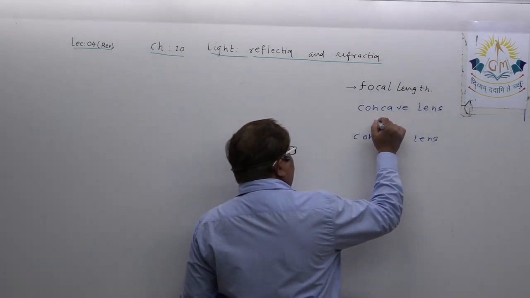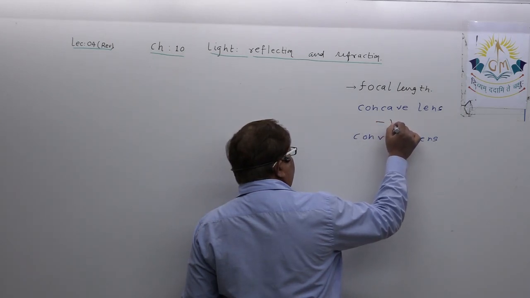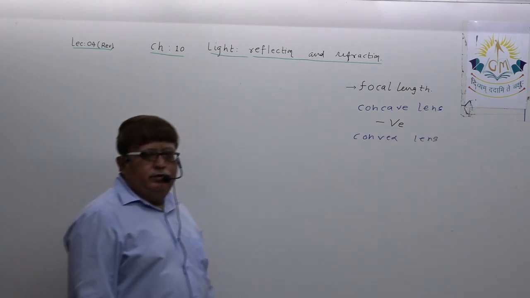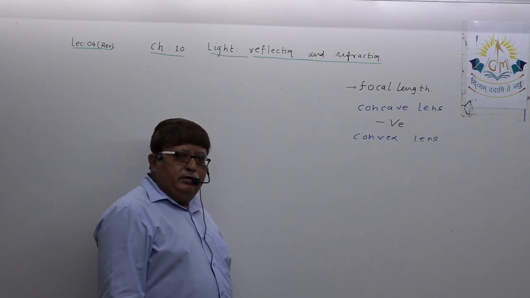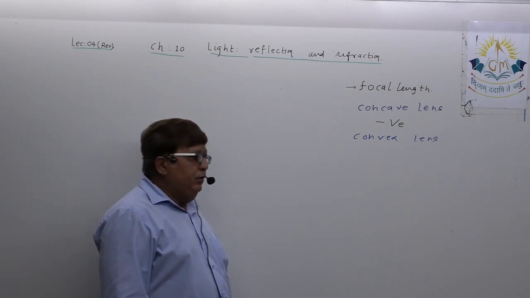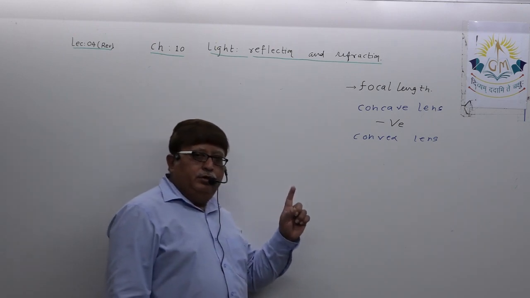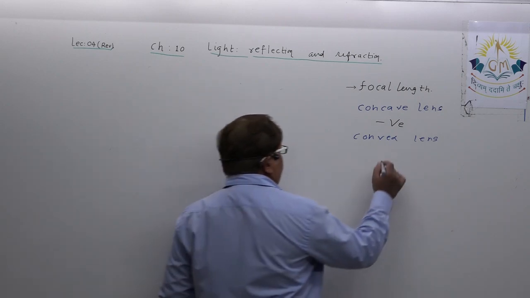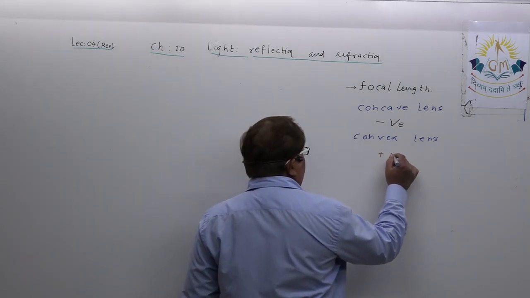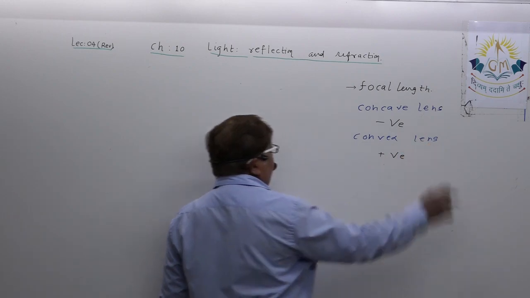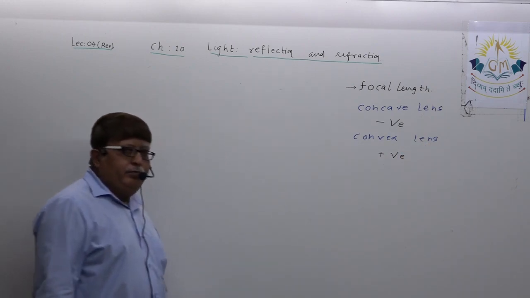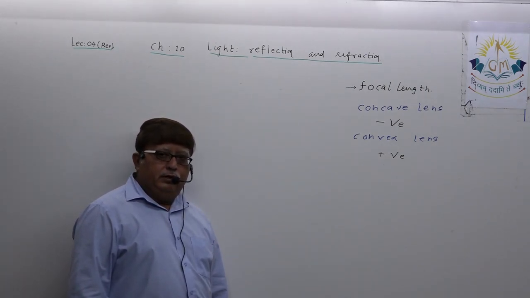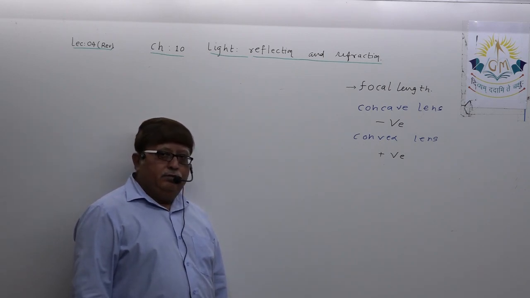For a concave lens, the focal length is always negative. Please remember this, because it might help you solve the example correctly. Whenever you deal with a convex lens, the focal length is always positive. This is one aspect you need to keep very clear in your mind regarding focal length.